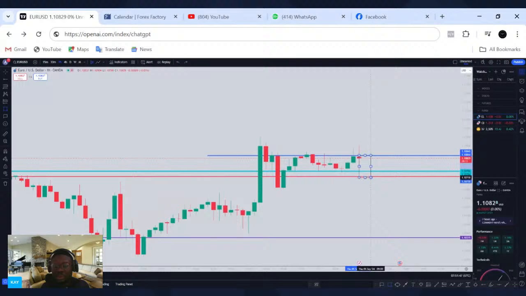This is the pattern it is trying to form. This is the pullback. So we are going to see a wick at the H4 time frame. Then it will move up.